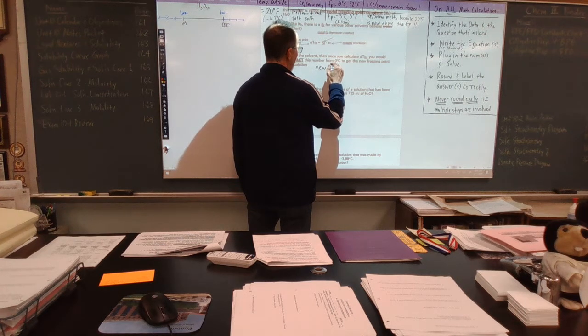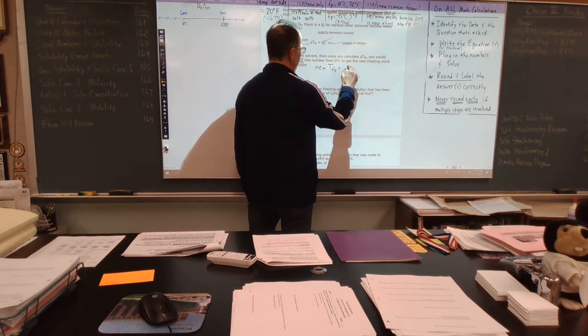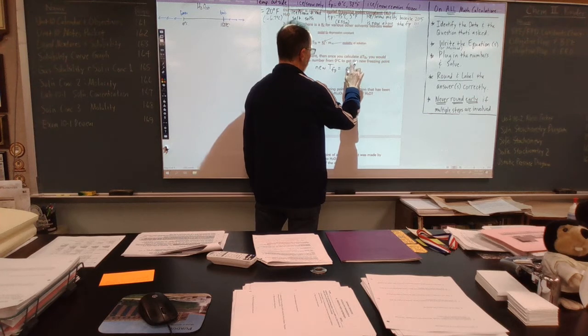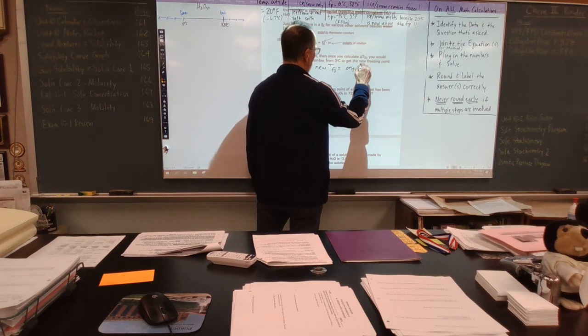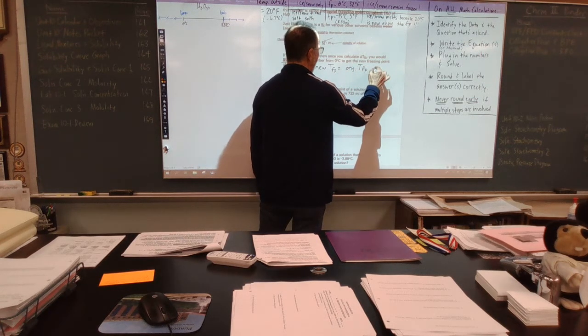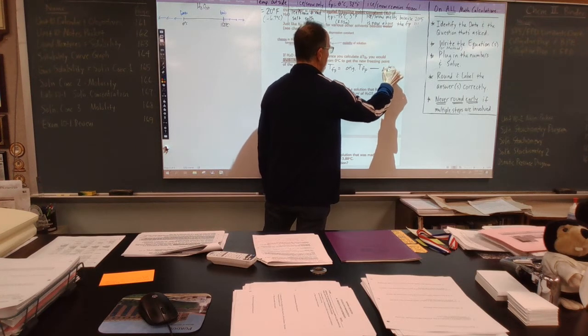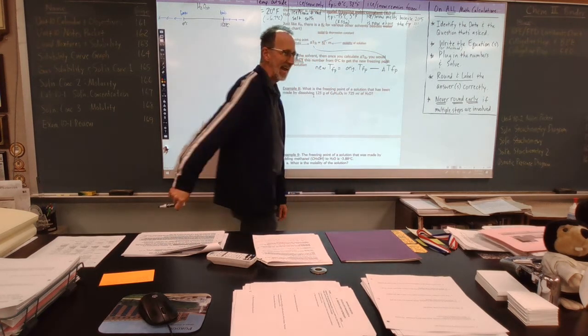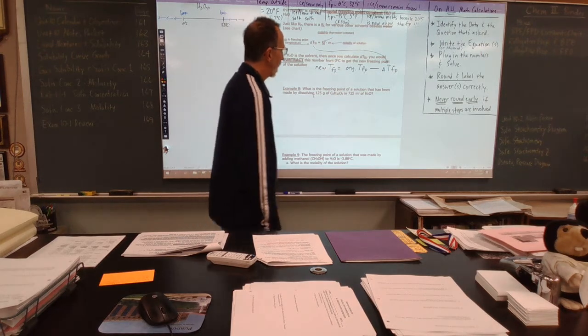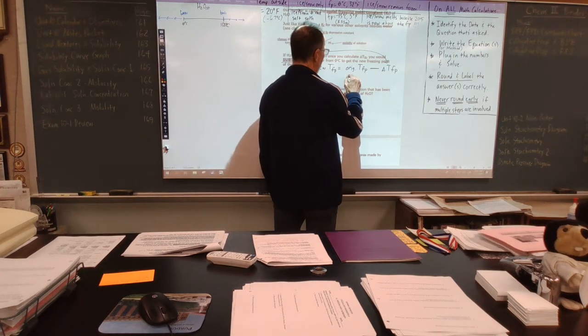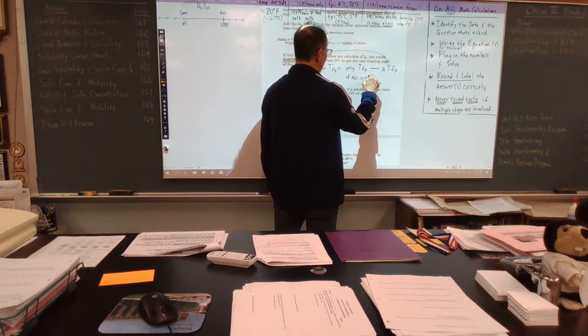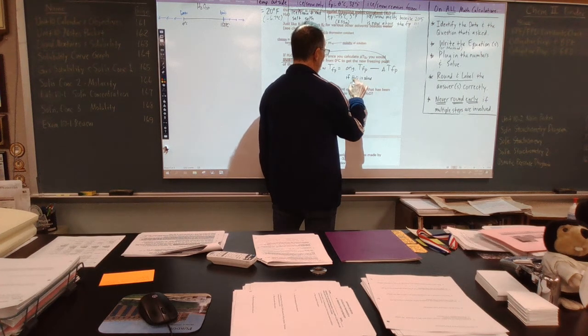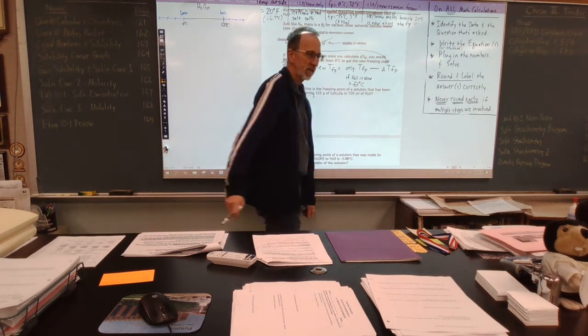So the new freezing point temp is equal to the original freezing point temp minus the change in the freezing point. All right, minus. So that's the difference. Again, if water is your solvent, then the original freezing temperature is 0 Celsius.